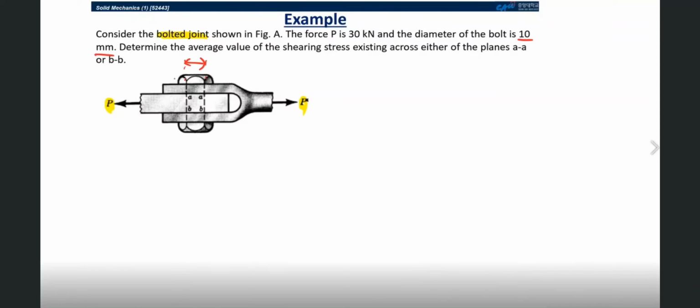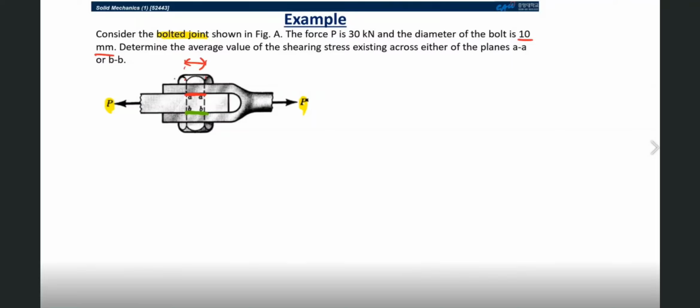In this case, determine the average value of the shearing stress existing across either of the planes AA, this is plane AA, and plane BB, these two different faces. Right. First, let's assume that the force P is equally divided between section AA and section BB.